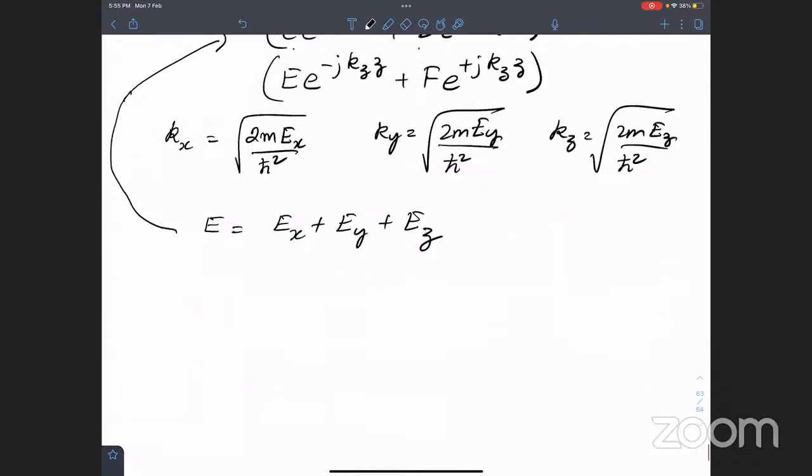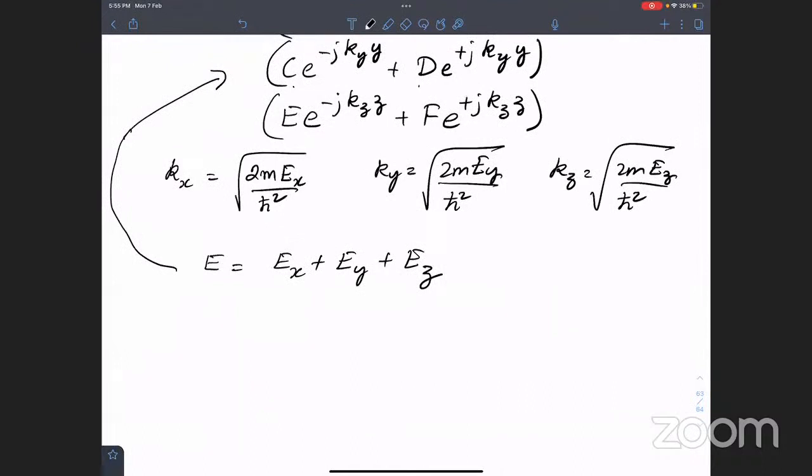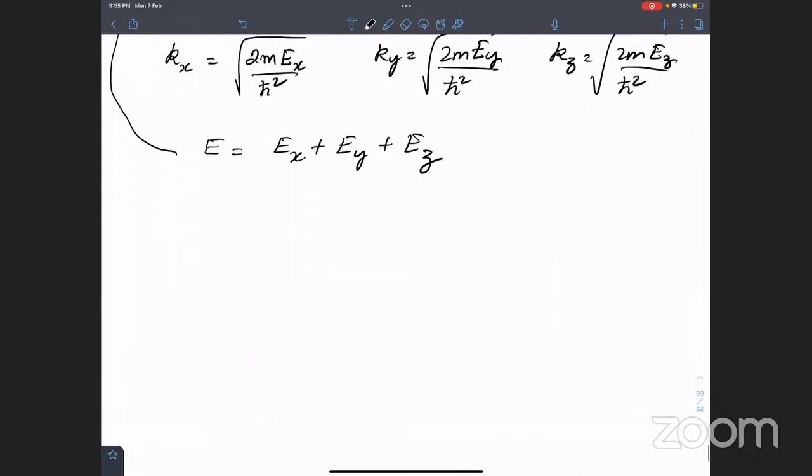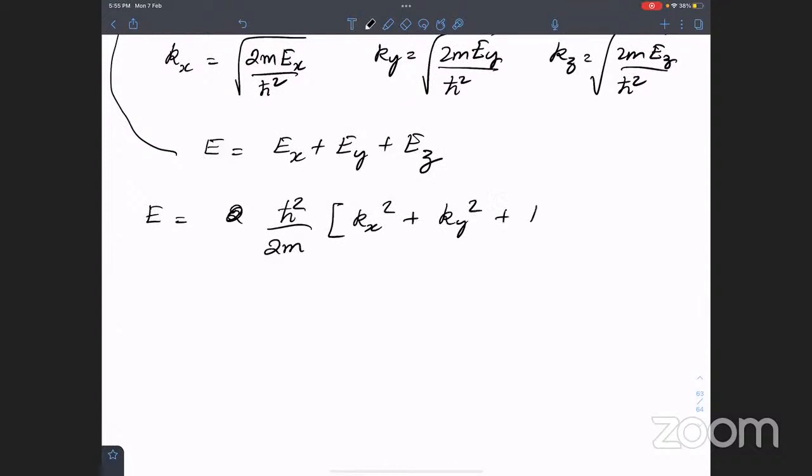Or in terms of kx, ky, kz, what is my total energy? My total energy is actually h bar square by 2m into kx squared plus ky squared plus kz squared. Okay, so I hope everybody gets this, right?